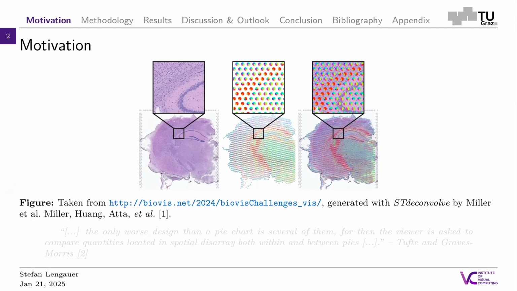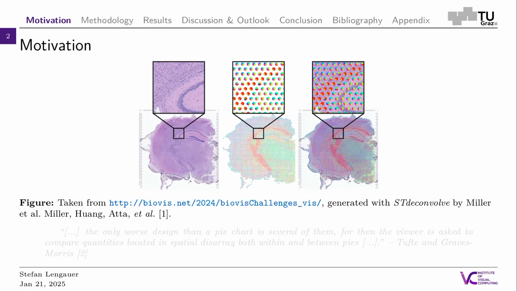So areas of coherent cell type composition are inherently hard to spot as there are many spatial disarrays between the different components. With respect to this example, you can see that there is a very prominent reddish component in the center of the tissue sample, but that's about all you can see, while in the data, there are actually a lot more patterns which are latent in this visualization.